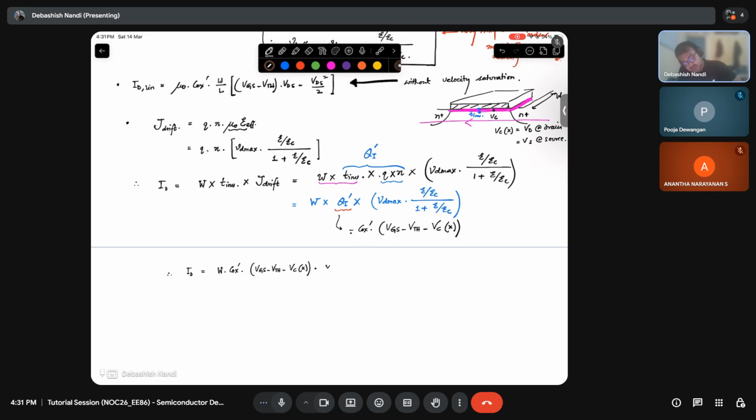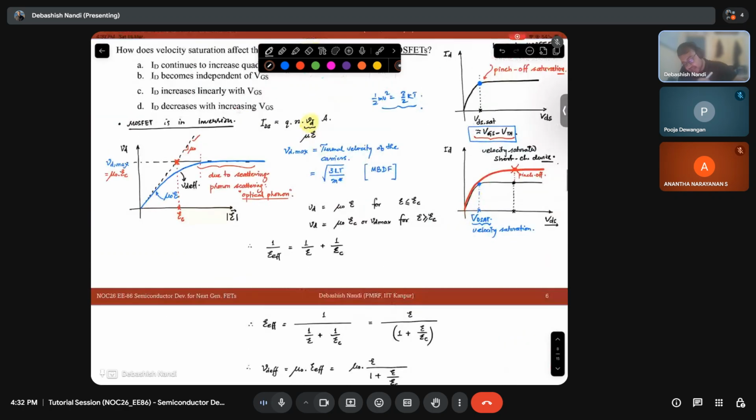Times VD max times E by EC divided by 1 plus E by EC. Fine. And what is this E? Electric field that we have been talking about. What is this electric field? This is the drain electric field, right?